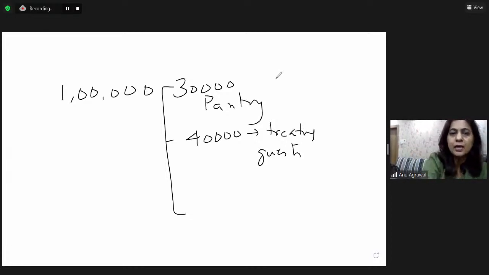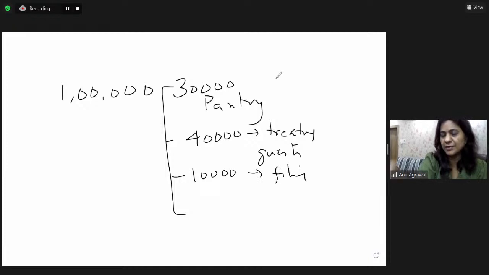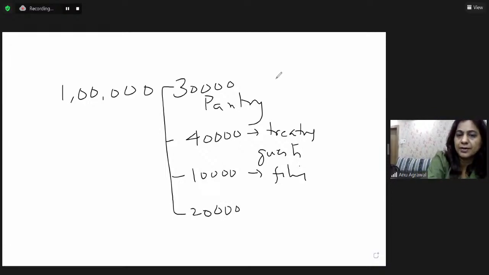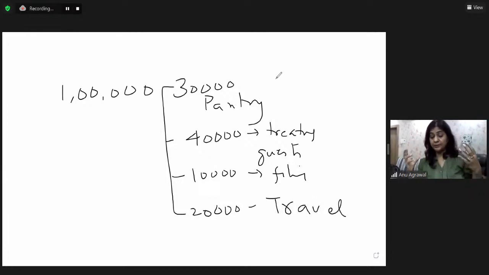Right? 10,000 was for filing, when we file income tax returns and all those, that time expenditure which is done. And 20,000 was relating to travel.